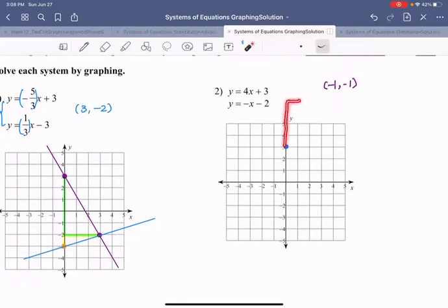Run by 1, right? But this is out of my break points. I don't like it. Can we plug in x equals -1 to find out y? How much? Y equals -4 plus 3, which is -1. Okay. -1 here. Like that, right?